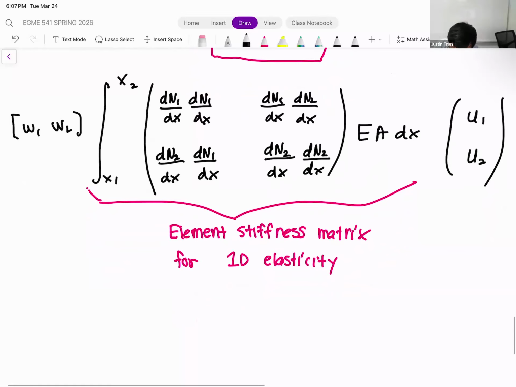Both dN1/dx and dN2/dx are constants, so taking the integral is not going to be too bad because we're essentially just integrating constants.